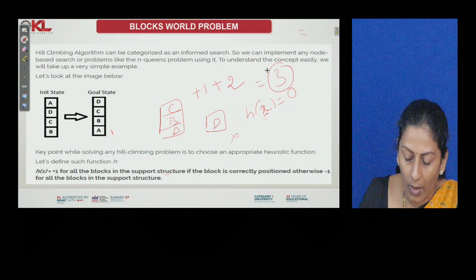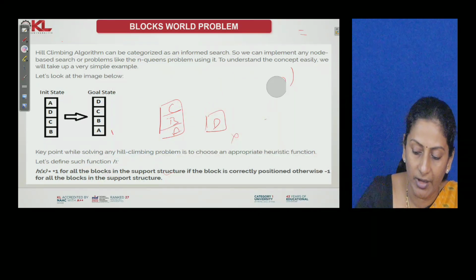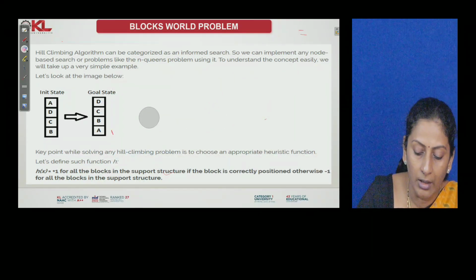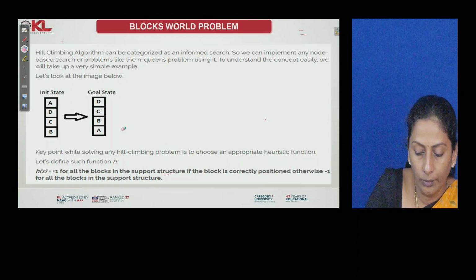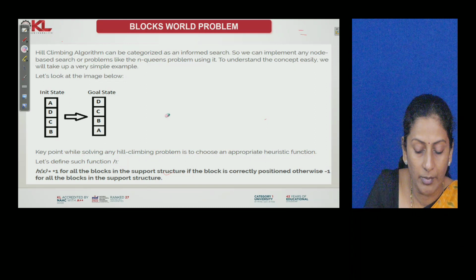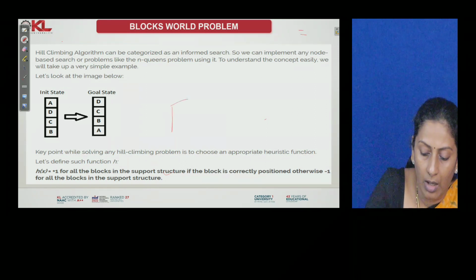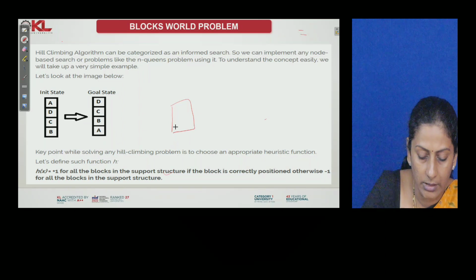I will give you one more example of how to consider this heuristic value. I am representing one more state, taking it as an example. Here I am arranging like this.